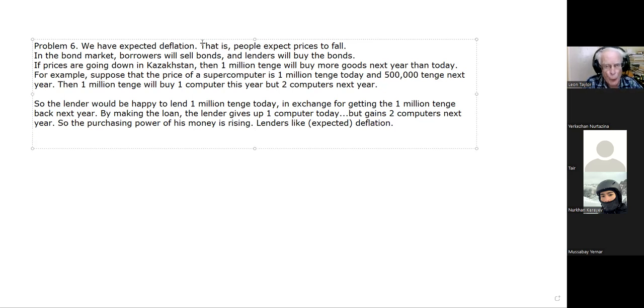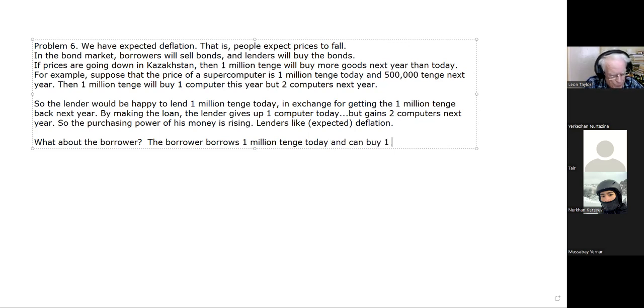Now, what about the borrower? Well, the borrower borrows 1 million tenge today, and can buy 1 computer today.